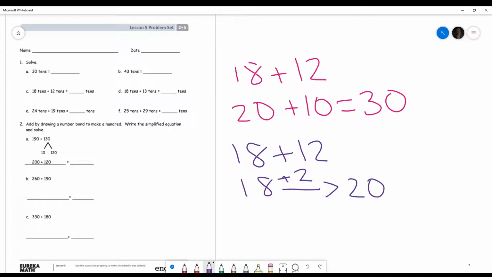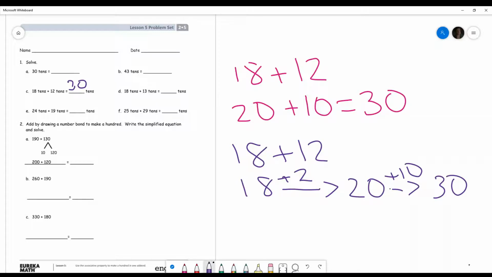But I still have an extra 10 left. So I'm going to add that. And that equals 30. So there's 2 different ways you could do that. So your answer here would be 30 tens.